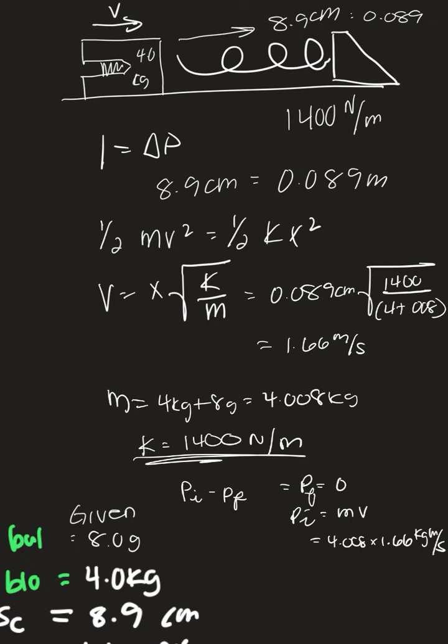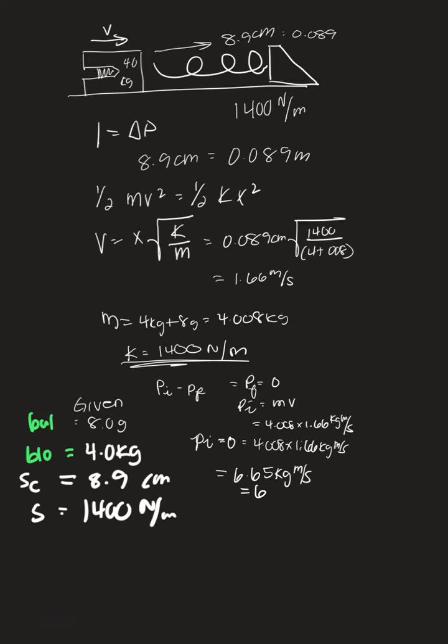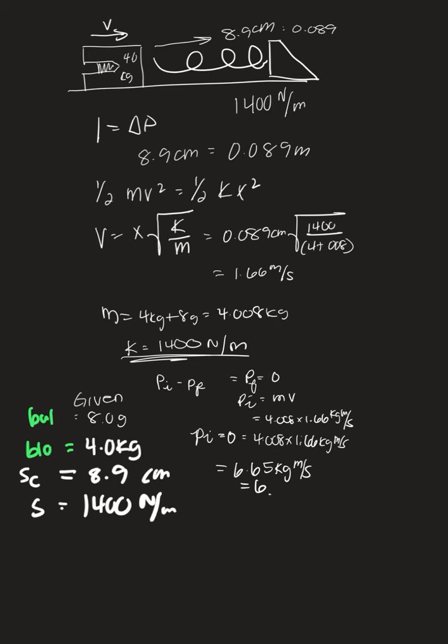So you will get 6.65 kilograms meters per second, which you can convert into 6.7.